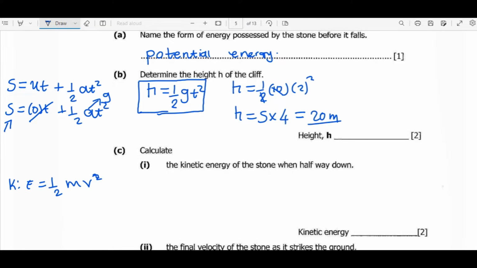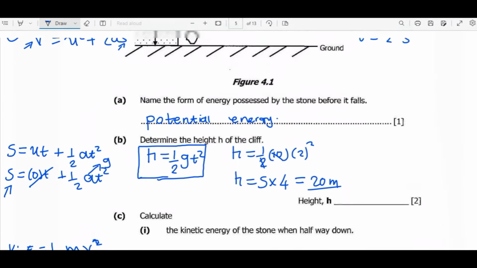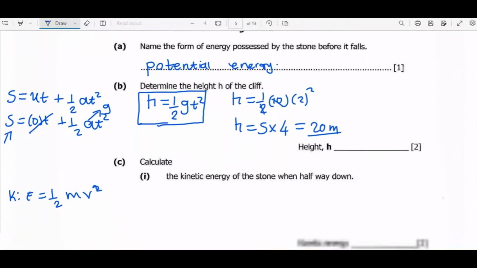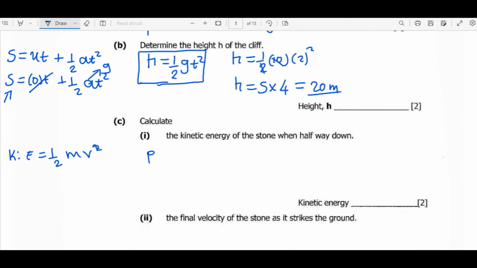What we are going to do is find the potential energy before the stone started to fall down. So potential energy, which is PE, is equal to mass times gravity times height. Remember, the mass is 2 kg, gravity is 10, the height is this number that we found here, which is 20. So if you do the math, you get 400 joules.